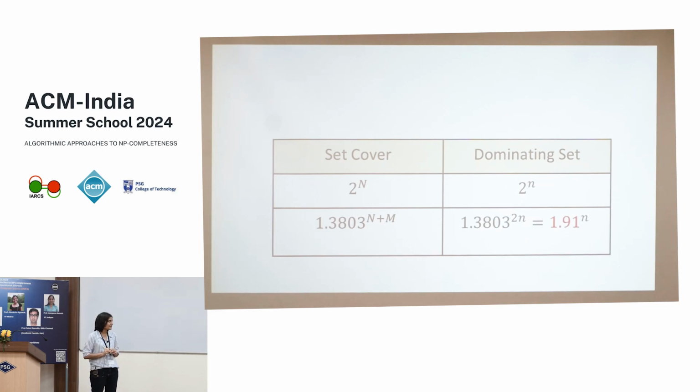Okay. Now still this is 1.9, right? Why can't I do better than 1.9? Is it the best we can do, or can we use some other tricks and techniques to get something better? Firstly, dominating set is a very weird problem. I can't do simple branching like for vertex cover, take this in the solution or take this in the solution for every edge.